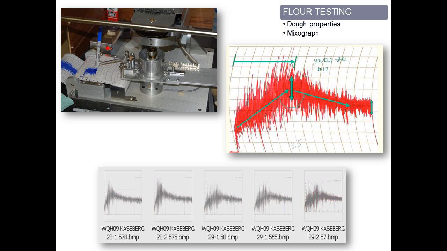In general, the weaker the dough, to a certain extent, the shorter the time is going to be to get to optimum development. But we can make some inference about the performance of the dough by looking at these recording dough mixes.